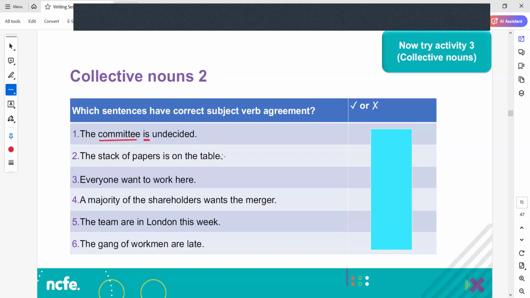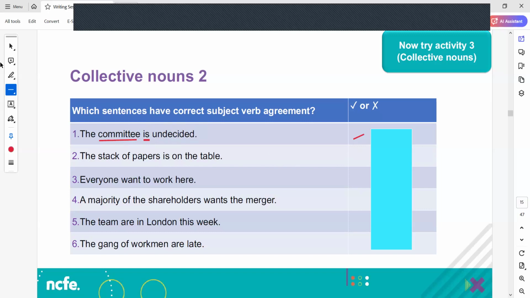The committee is undecided. Yeah. We're talking about the committee as one whole, one body. So is is correct.